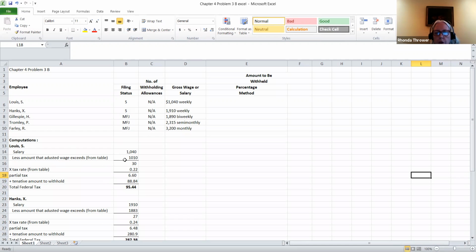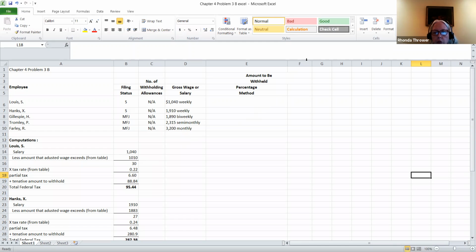That amount was $1,010. Remember, $1,040 fell in between $1,010 and another figure that they gave you on the table. So you have to figure out where this comes from on the table.